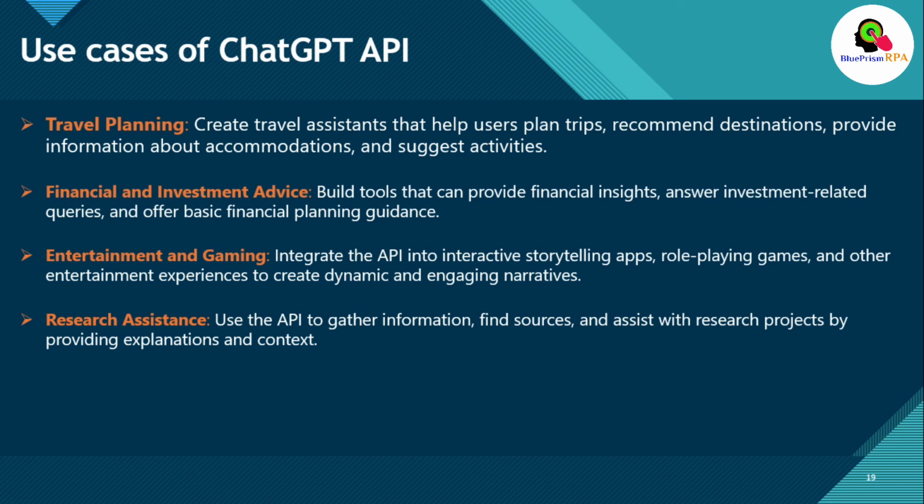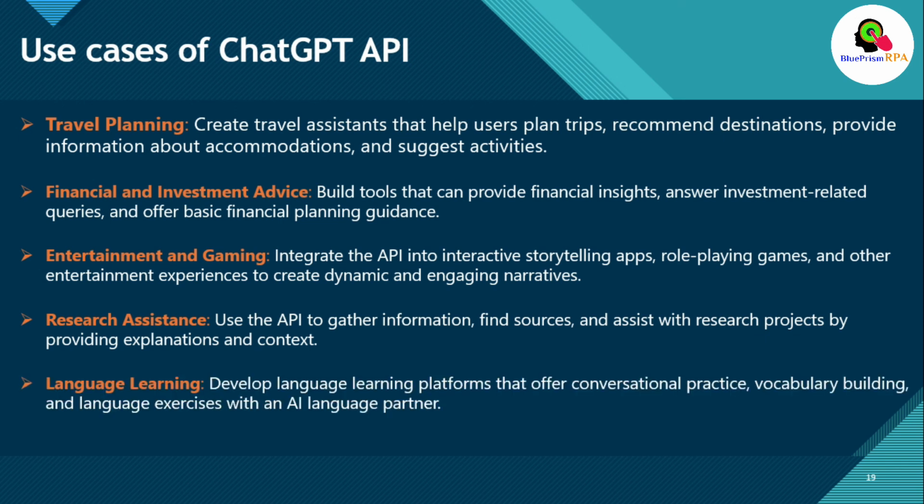This is also helpful in research assistance. We can use the API to gather information, find sources, and assist with research projects by providing explanations and context. It is also helpful in language learning. We can develop language learning platforms that offer conversational practice, vocabulary building, and language exercises with an AI language partner. So these are a few use cases of ChatGPT API.